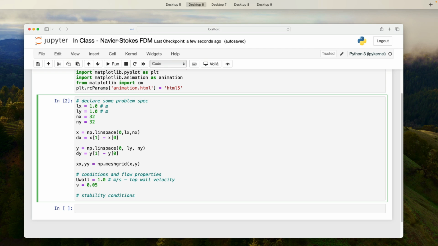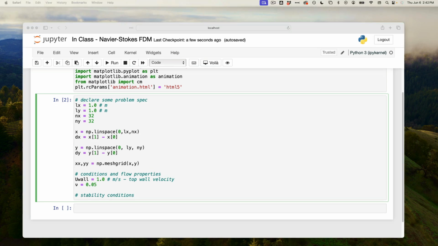Or you can take the worst case scenario. In some problems, there's no faster flow that's going to happen beyond the driving speed here, which is the wall velocity at the top, right? So you can just set that stability at those conditions, worst case scenario, and just use that time step. Okay, we will do this.